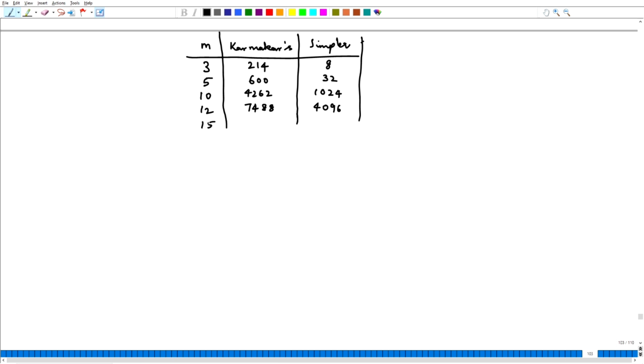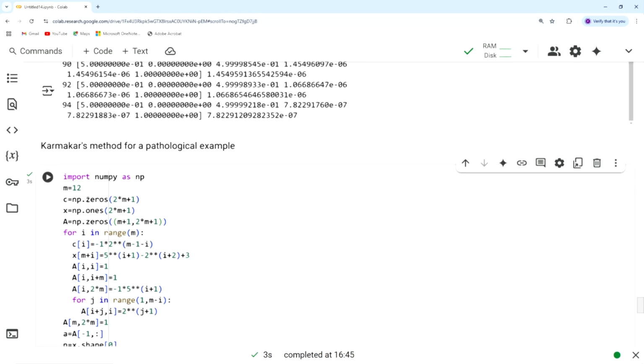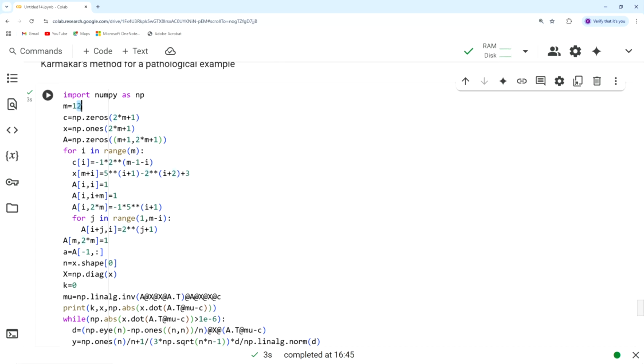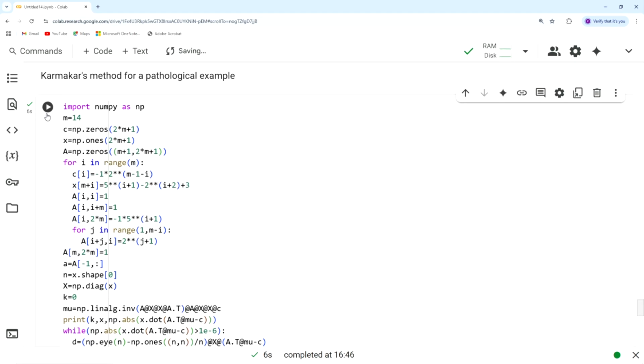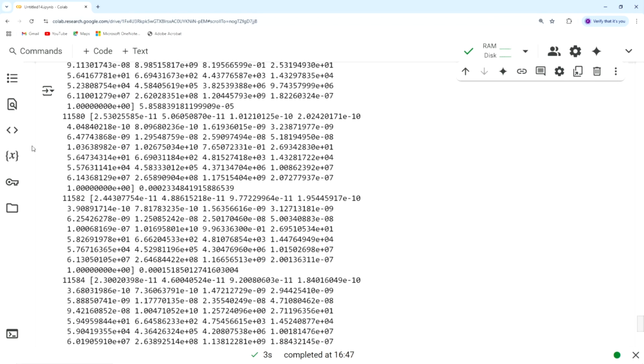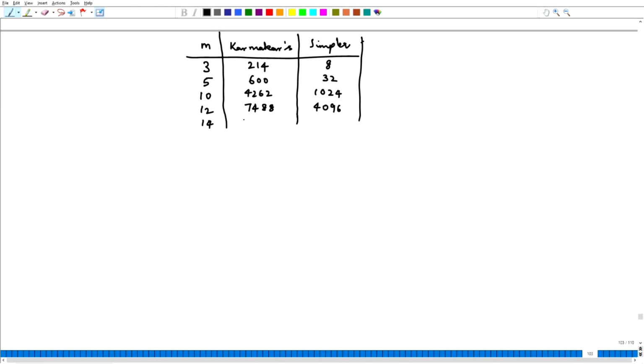Let us possibly stop with 15. So we will do it for m equal to 14, the final one that we will attempt now. Let us check how many iterations Karmaker's method takes. It takes 11,588, right.